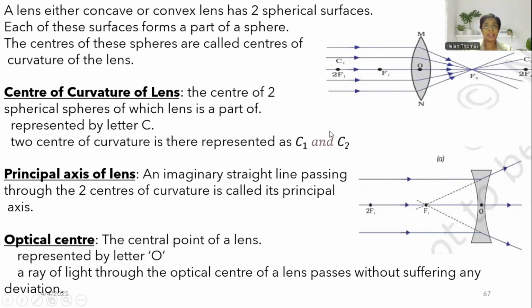So any light ray passing through the optical center of the lens will not suffer any deviation after refraction, as the light ray will be falling perpendicular to the curvature of the lens.